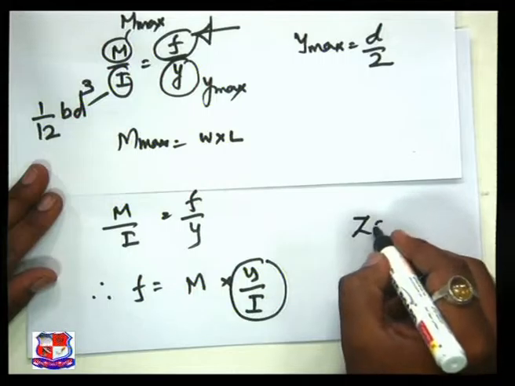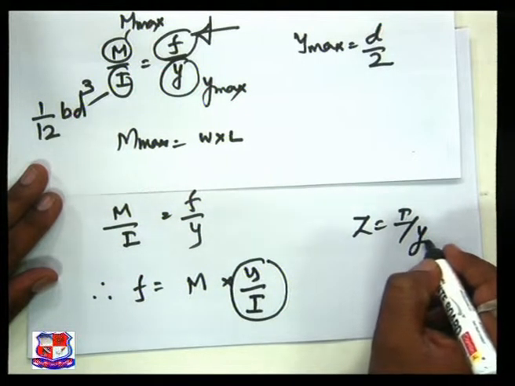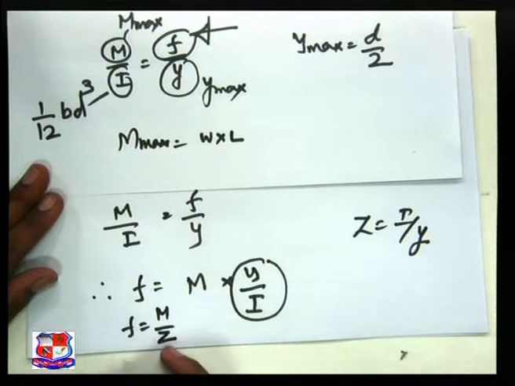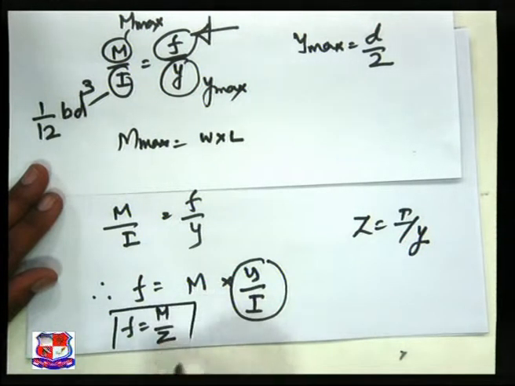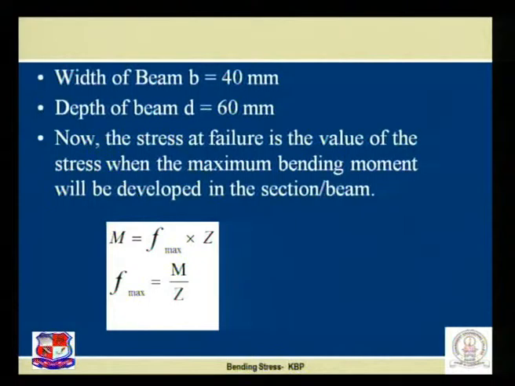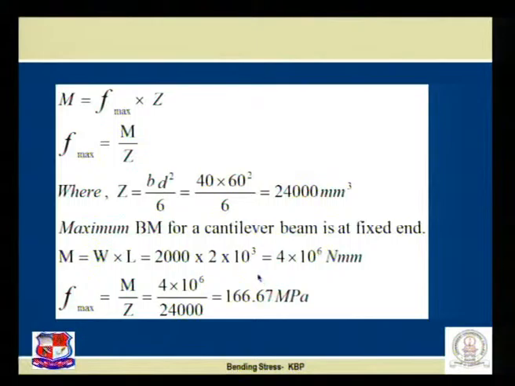We know that Z is equal to I by Y. So F is equal to M by Z, the same equation we see on this PPT. Now Z is equal to BD square by 6.